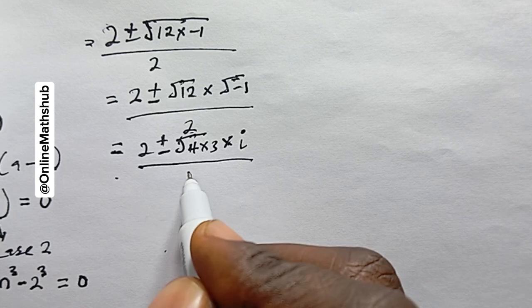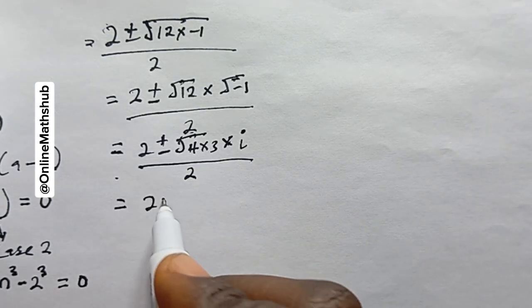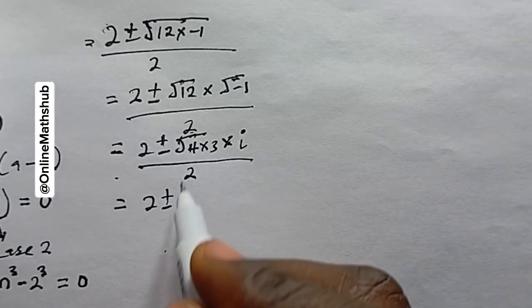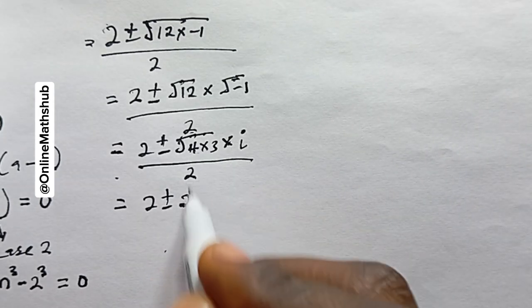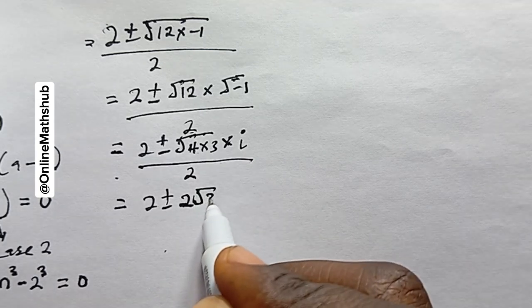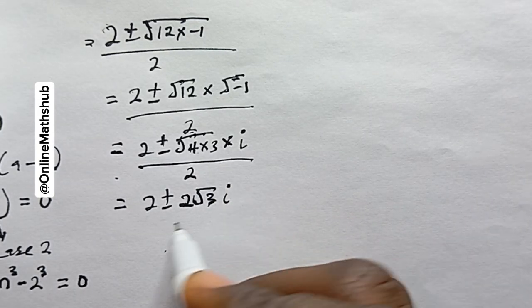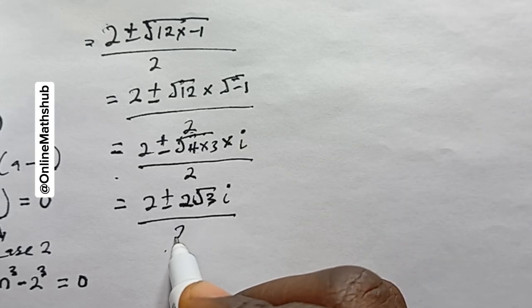Okay, so this is still divided by 2, so this will be equal to 2 plus or minus, so we can take the square root of 4 here, which is equal to 2, and then root 3. Okay, so we have 2 root 3 multiplied by this i, divided by 2.